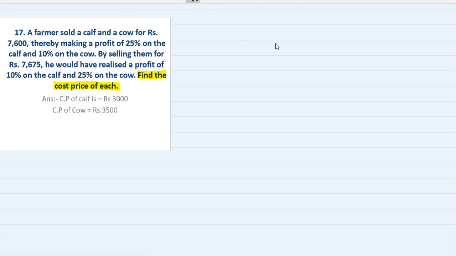What you need to do is find the cost price of each. Each means calf and a cow.